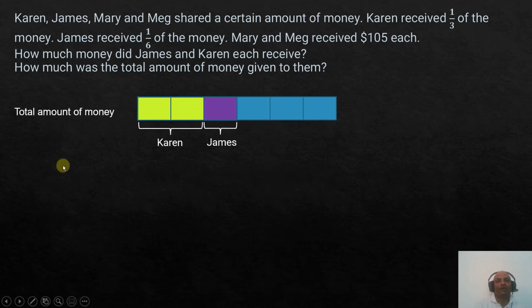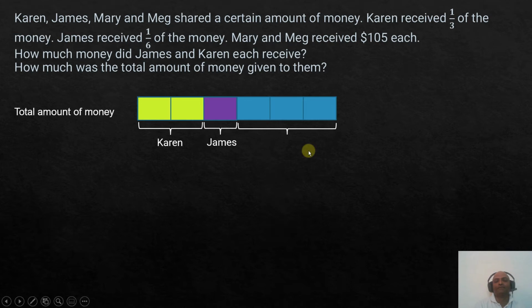So now we know that from the total amount of money, Karen had 2 units, James had 1 unit. So we are still left with 3 units. And these 3 units is what was received by Mary and Meg. And fortunately here, Mary and Meg received $105 each.